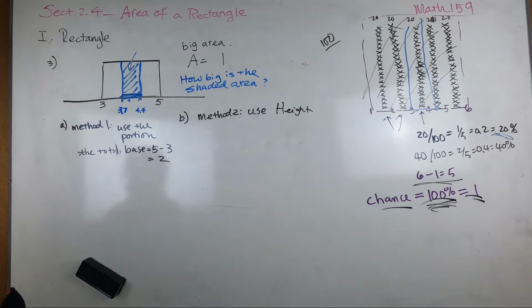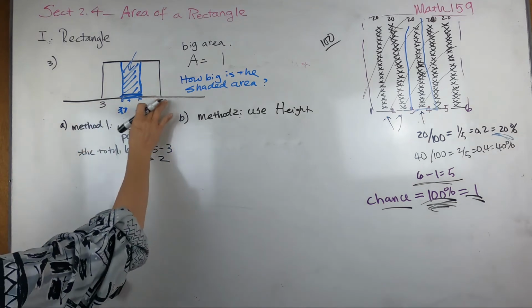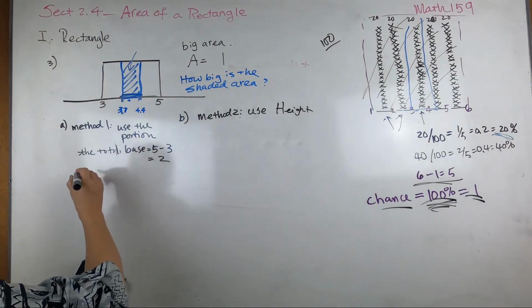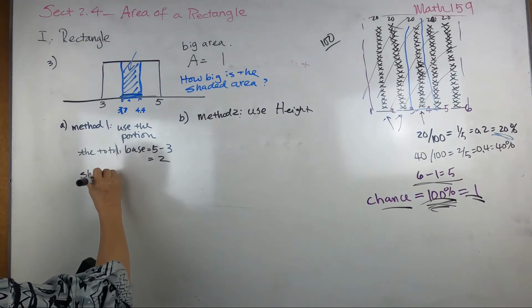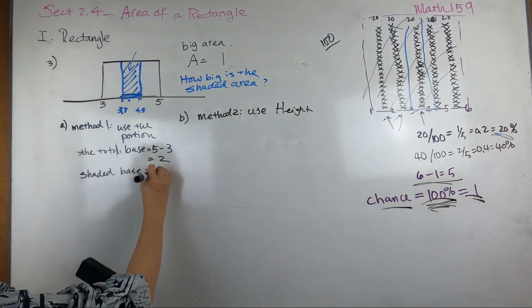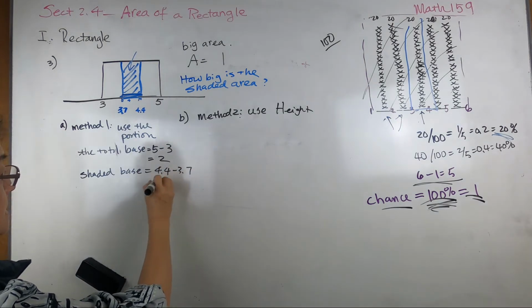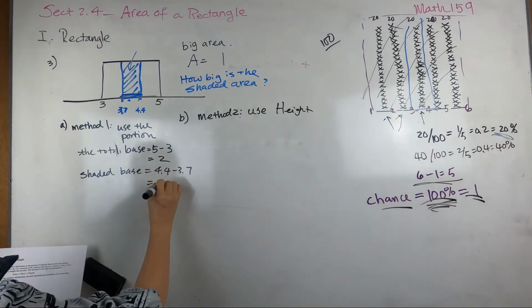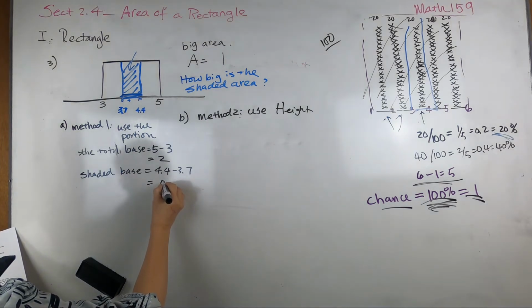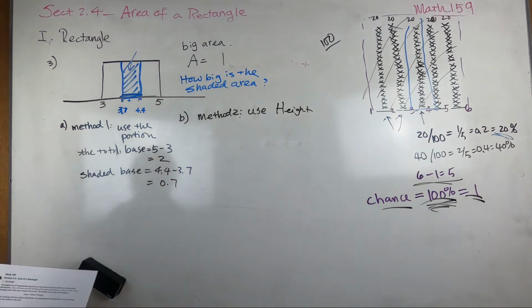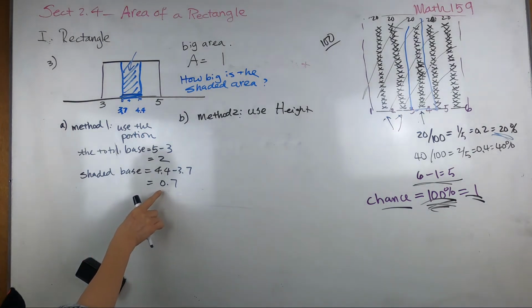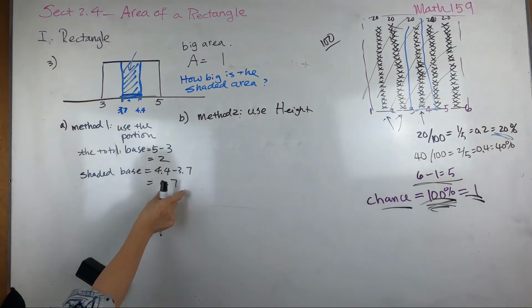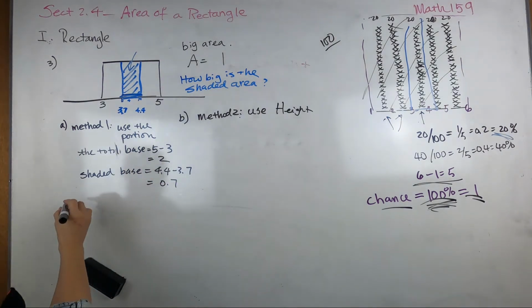Okay? Then what's the portion, the one I wanted to calculate? So the shaded base would be what? 4.4 minus 3.7, which is what? 0.7, right? So what's the portion of the shaded area compared to the whole?